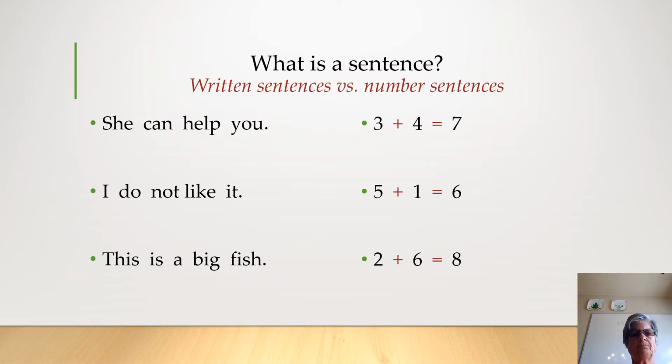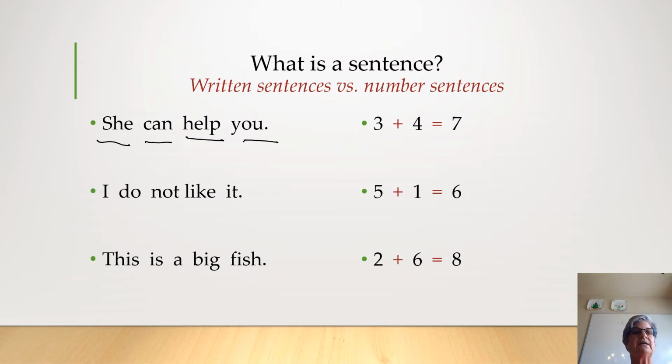When we read it, let's point to the word she, because that's the first word. Now, all of these letters you should know, so I am going to underline each letter as we read it. Point to the word she, please. And let's begin. She can, that's our new word, help you.